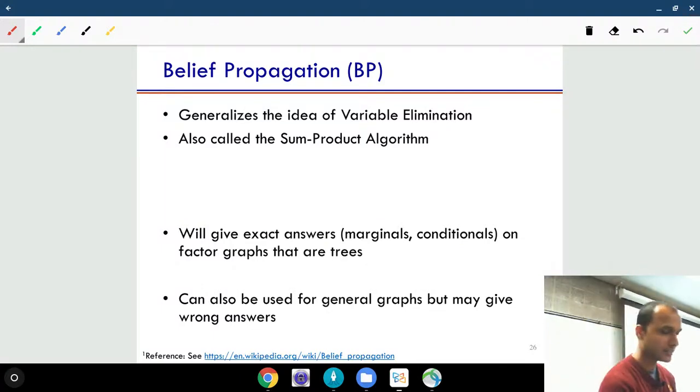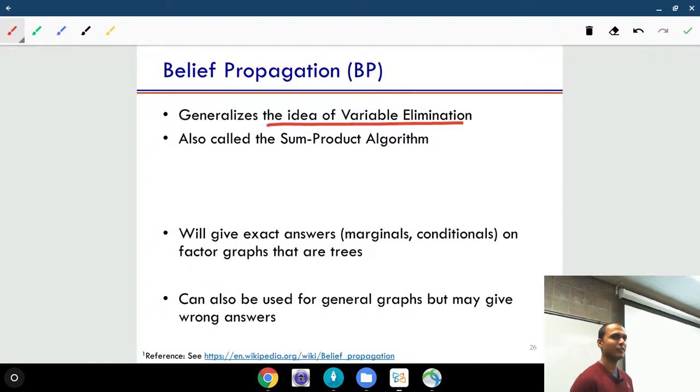So what belief propagation does is it generalizes the idea of variable elimination, and one of the popular applications of belief propagation, it used to be, I guess now everything is mostly deep learning, used to be image segmentation. So what is the image segmentation task? You have an image and you need to label every pixel according to belonging to some class.